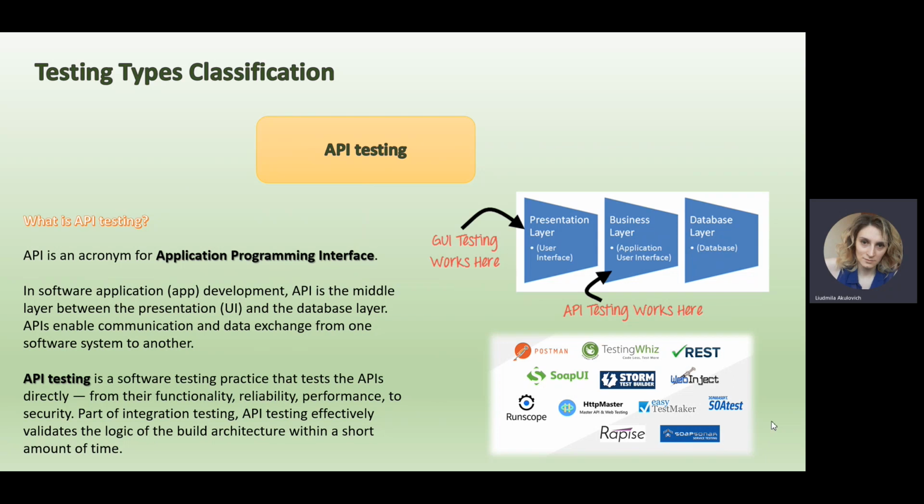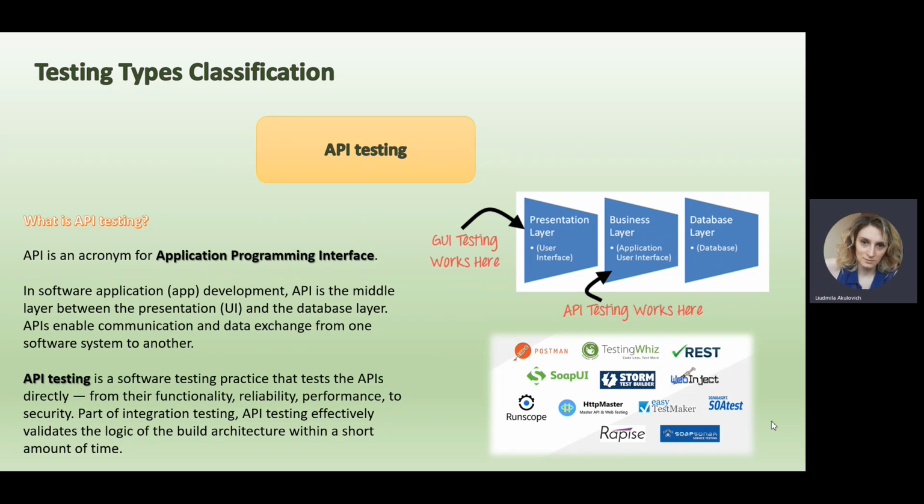This is an interface that helps different layers of the application communicate. From the previous slide, you remember the presentation layer, the application or business layer, and the database layer. API testing covers communication, the exchange of data, mostly between the business layer and the database layer.